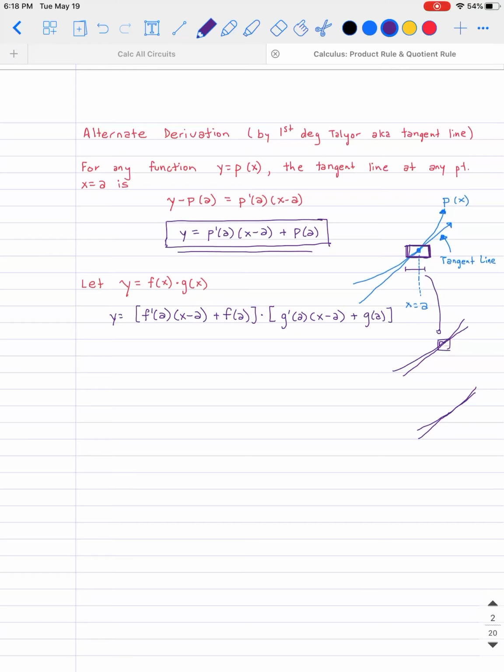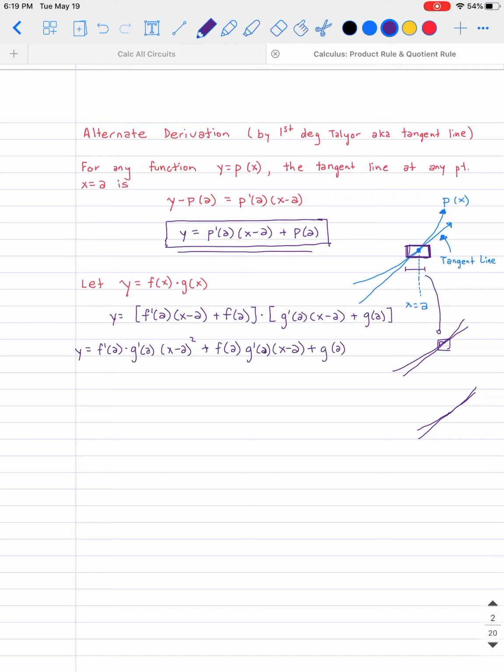We're going to carry out the algebra here and multiply everything out. So y is still equal to, if I use FOIL, the following: f prime of a multiplied by g prime of a multiplied by x minus a quantity squared. Then we have plus f of a multiplied by g prime of a multiplied by x minus a.